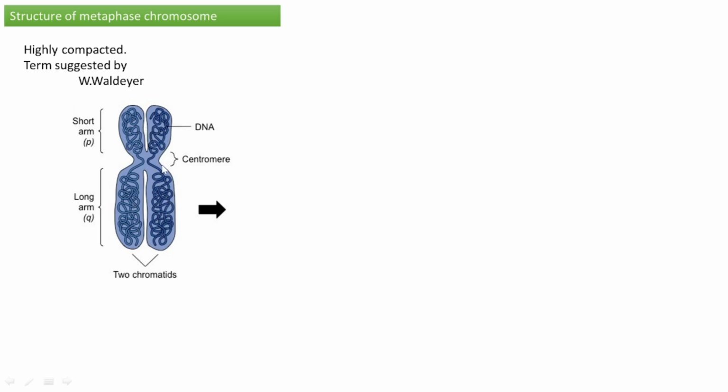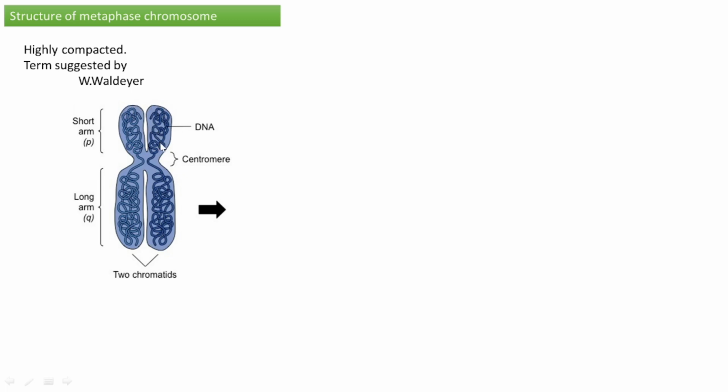What are its features? It has two arms, and the two arms are held together by a central point called the centromere. As it has finished replication, the metaphase chromosome is carrying two chromatids, called sister chromatids.